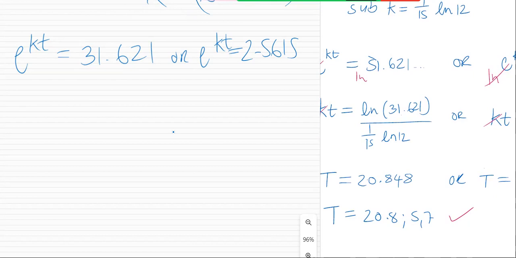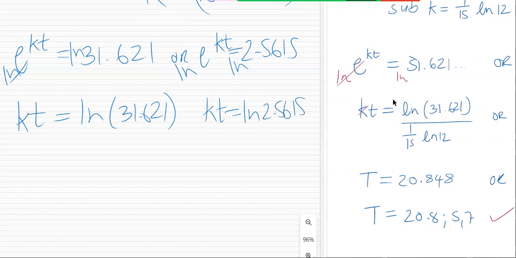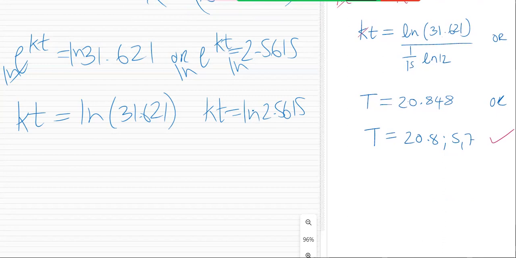So we have to get rid of this e. And earlier in this video, I discussed that you can just ln both sides. So you ln this side, you ln this side, and what happens is these two cancel out. So our kt becomes equal to ln of 31.621, or our kt becomes equal to ln of 2.5615.